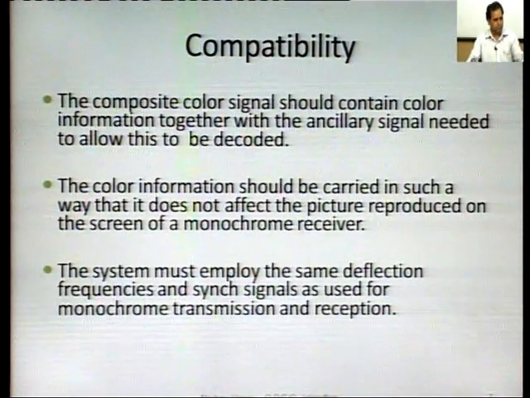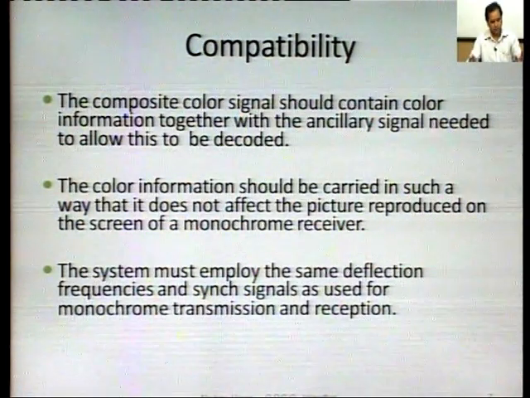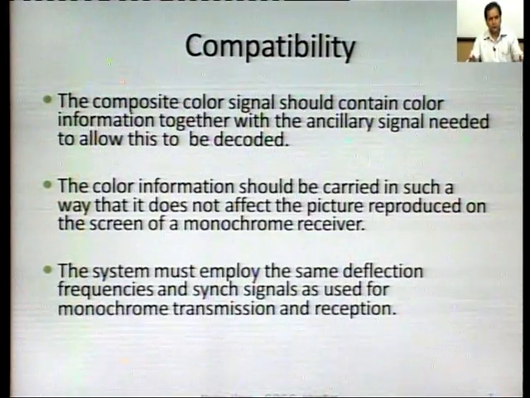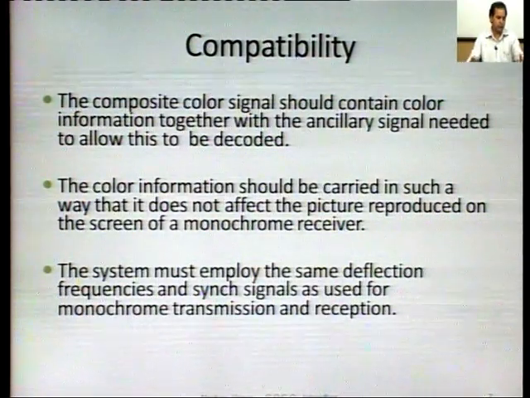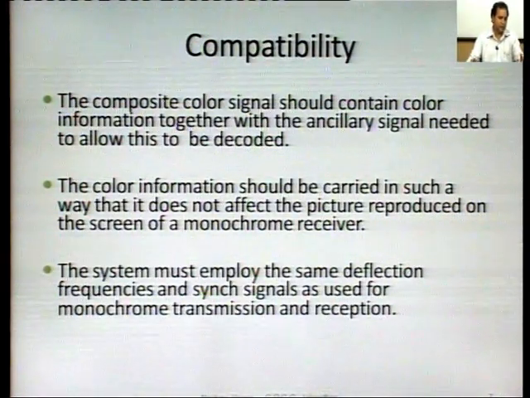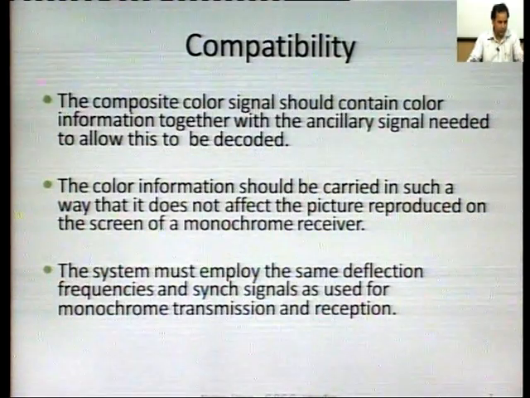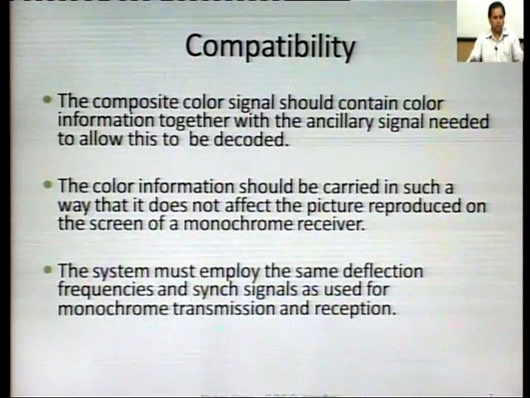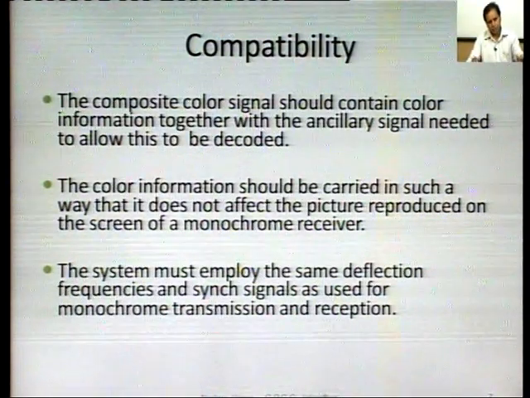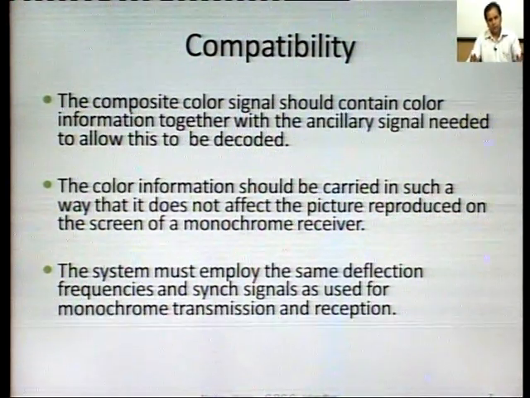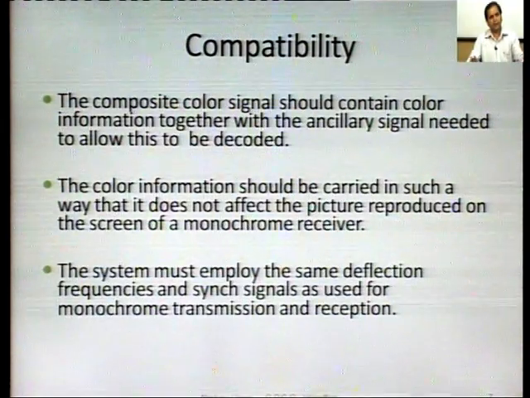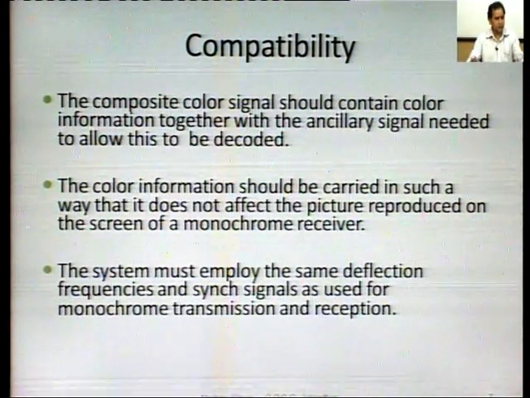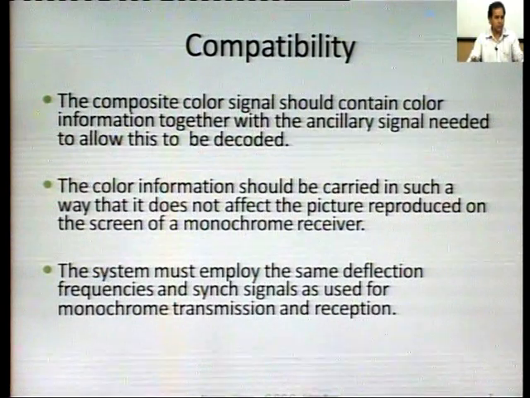As we are aware, a color picture is nothing but a monochrome picture to which colors are added, as if we trace a picture and then add color to it. Similarly, in color TV, it is the monochrome picture and colors are added to that monochrome picture. This is the additional signal, the color signal, which is provided.